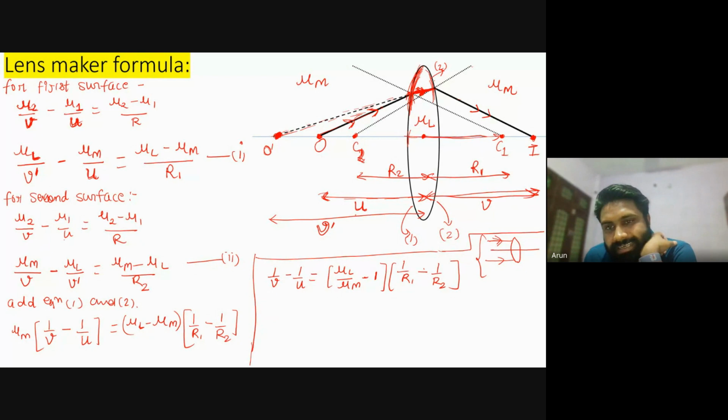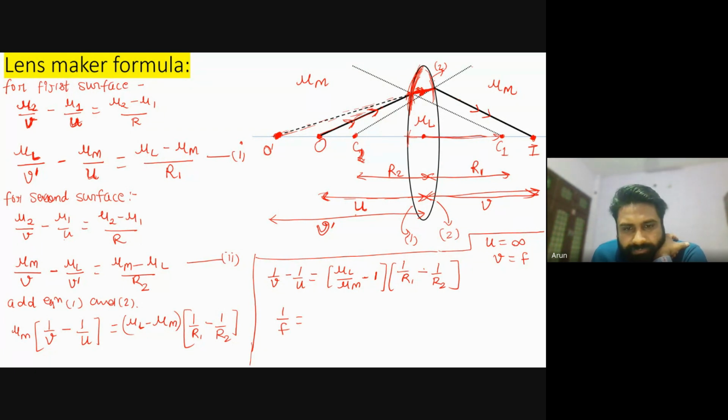So these rays are coming from infinity, and the lens will converge them onto the focus. So for the ray coming from infinity, the object is at infinity and the image will be formed at the focus. So put this value in this equation. So this will become 1 upon f equals to 1 upon u, which is 1 upon infinity, and 1 upon infinity is 0.